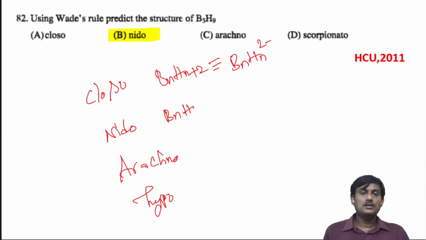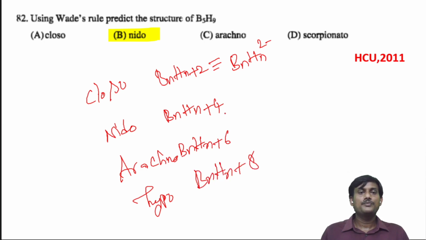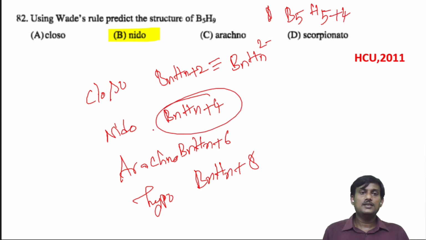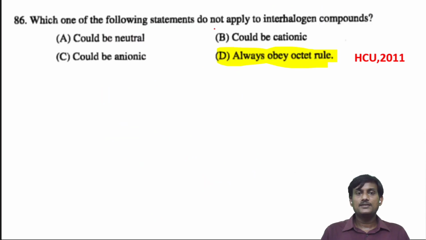Next are BnHn+4, BnHn+6, and BnHn+8. Here B5H9 can be written as B5H5+4, which is BnHn+4. So it's a nido structure.